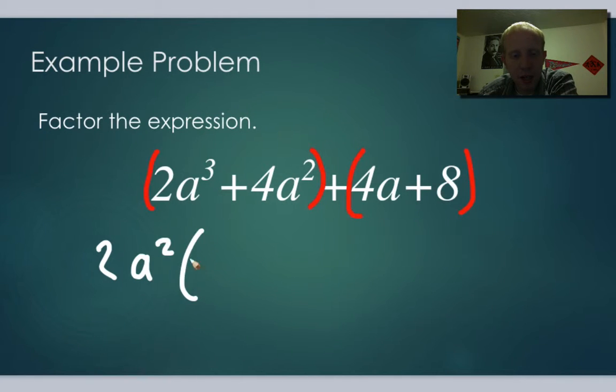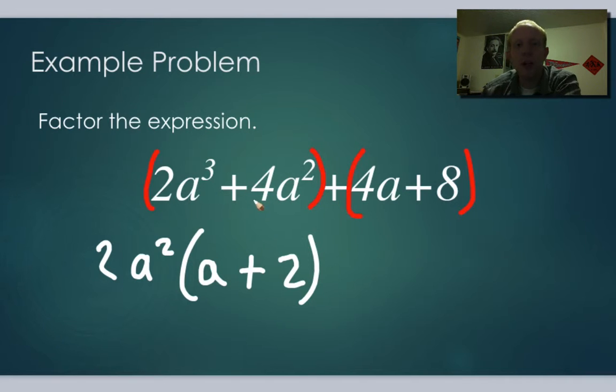That's going to give us 2a squared times a plus 2, because 2a squared times a gives us 2a cubed, and 2a squared times 2 gives us 4a squared. We're just focusing on this group, and we can pull out this common factor and we're left with this.